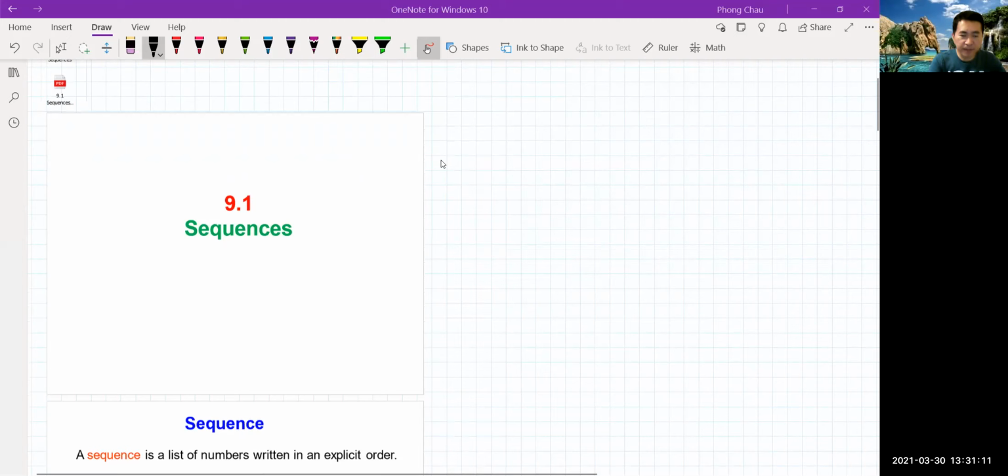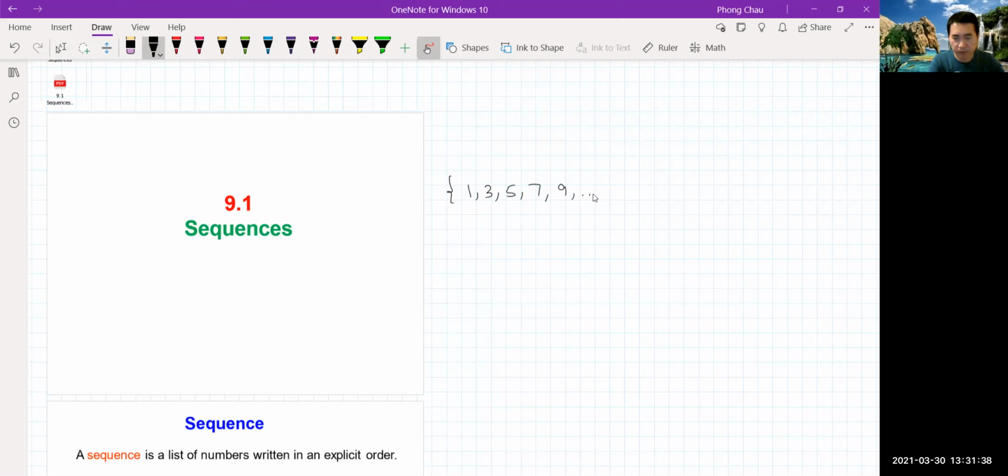If I have a list of numbers written in a certain order, and we often do this using curly brackets. So let's say I have something like 1, 3, 5, 7, 9.